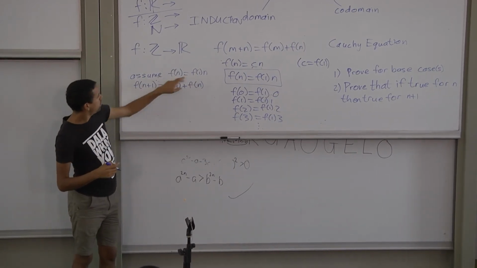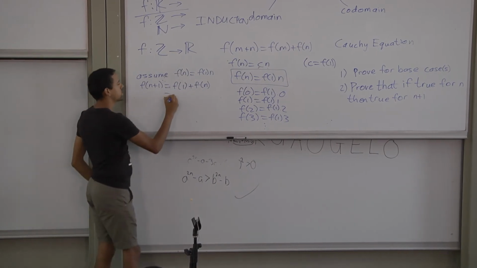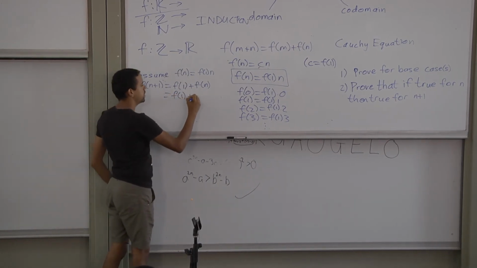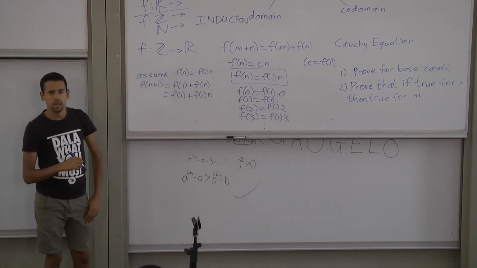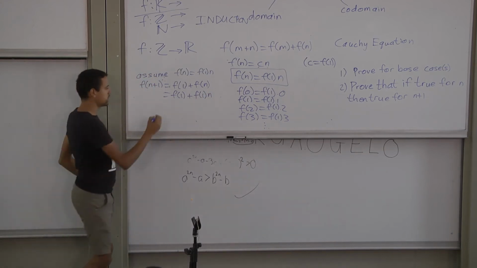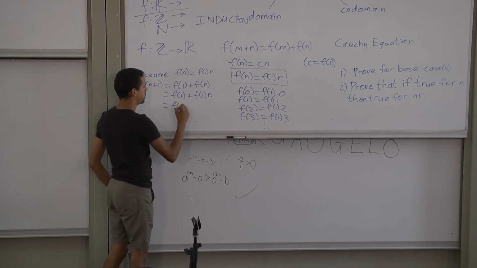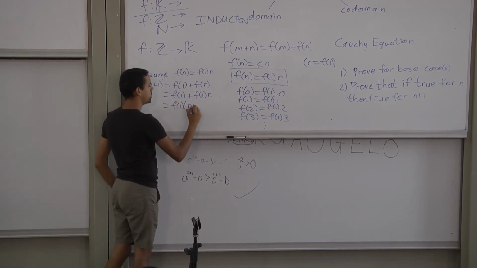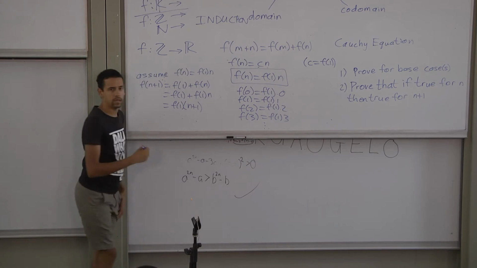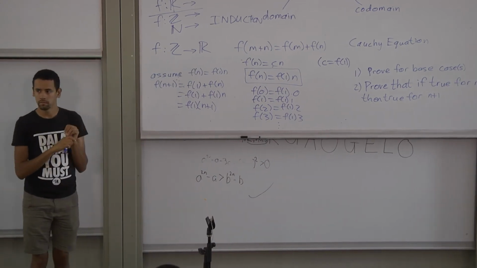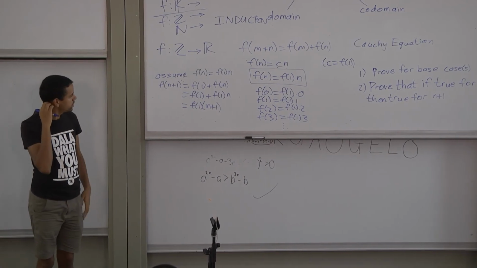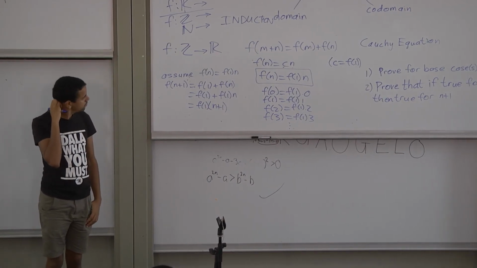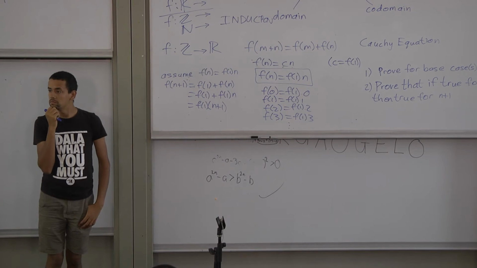Then we use our assumption. So that's f of 1 plus f of 1 times n. Now we can take out the common factor of f of 1. And we have n plus 1 as we wanted. So that finishes our induction, or does it?